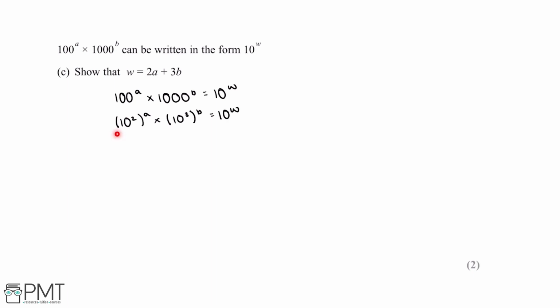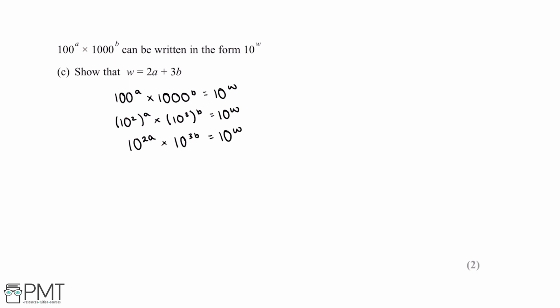So now 10 squared to the power of a, because the 10 squared is in the brackets, we'll multiply the powers together. So this will give us 10 to the power of 2a, and then 10 cubed to the power of b will give us 10 to the power of 3b, and this is all equal to 10 to the power of w.